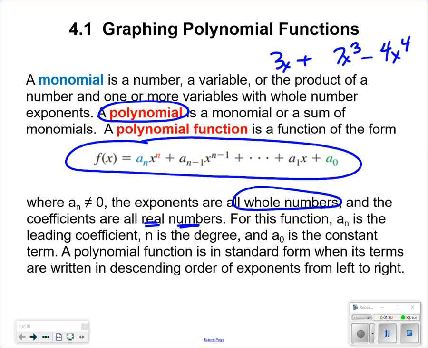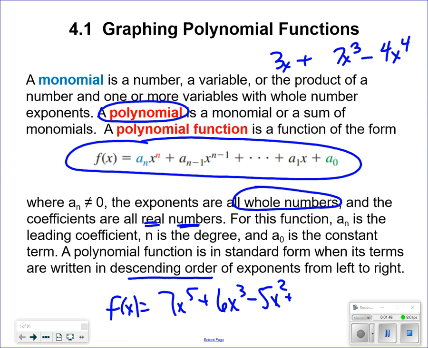So now let's talk a little bit about that. A standard form polynomial goes in descending order, so highest to lowest. I'm going to write an example: f of x equals 7x to the fifth, plus 6x to the third, minus 5x squared, plus 2x, minus 8. That would be an example of a polynomial function.